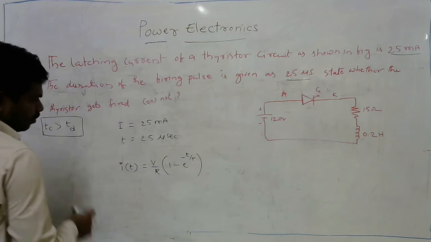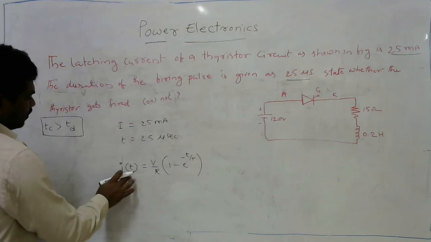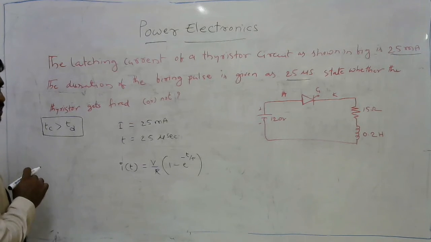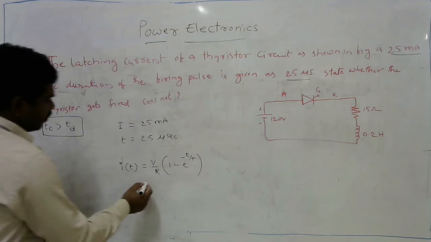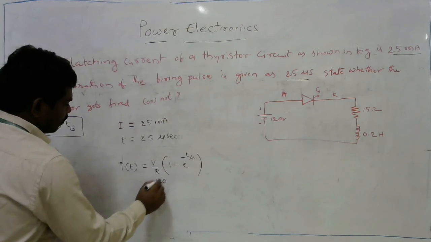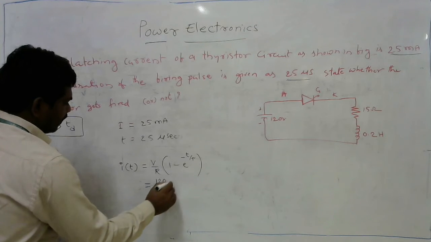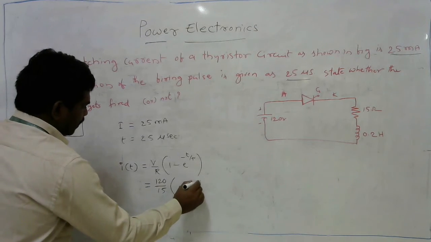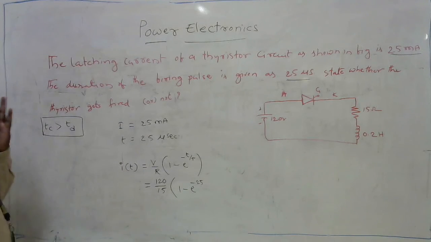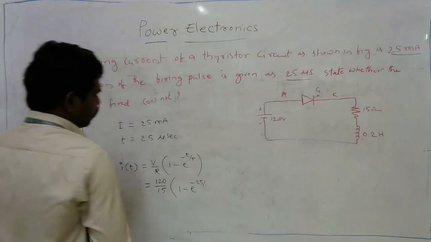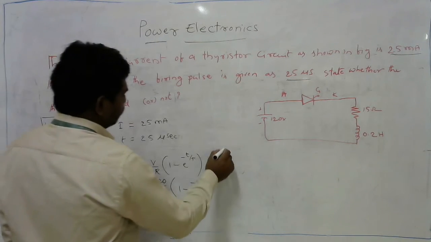So this I of t value will decide whether the thyristor gets fired or not, conducts or not. So we know this is 120 by 15 and 1 minus e power minus t, where t is given as 25 microseconds, by tau.